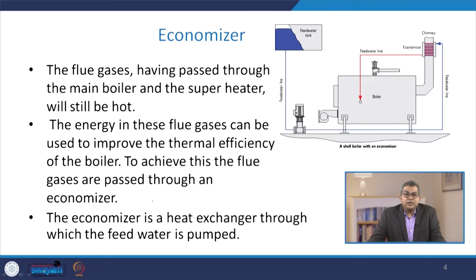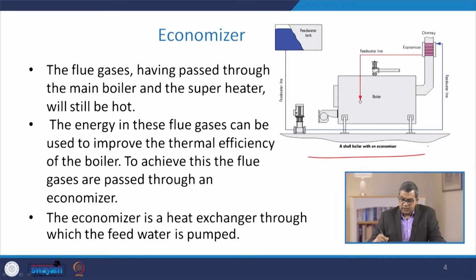Now, to achieve this, the flue gases are usually passed through the economizer. Now, economizer is nothing special, the only thing is it is a heat exchanger through which the feed water is pumped. Now, here you see that this is the boiler house.